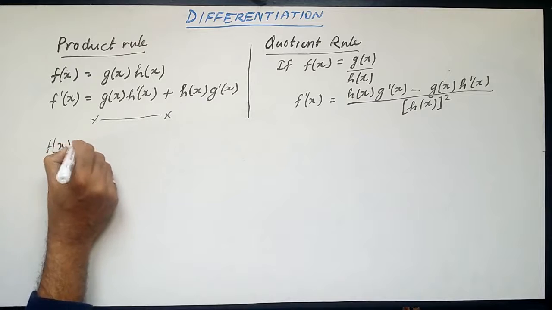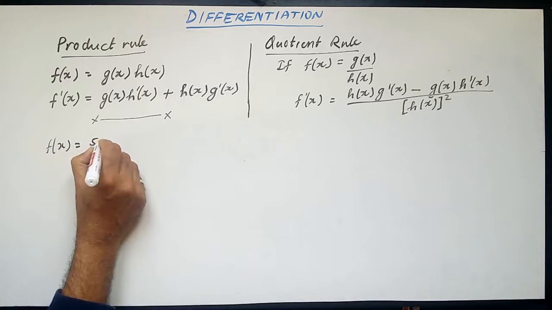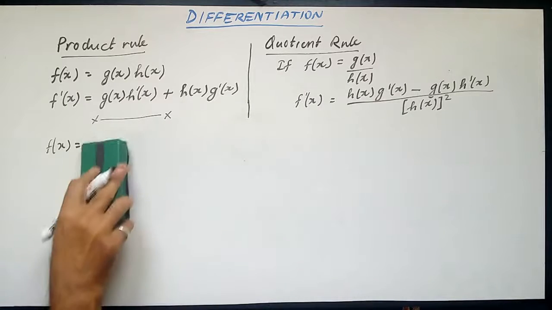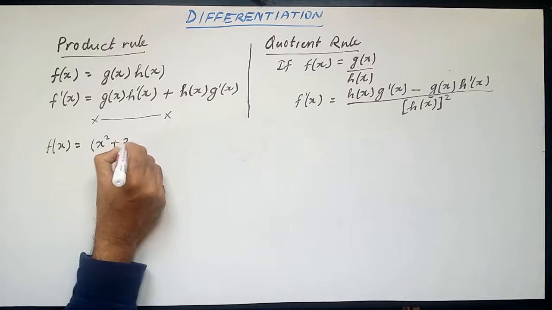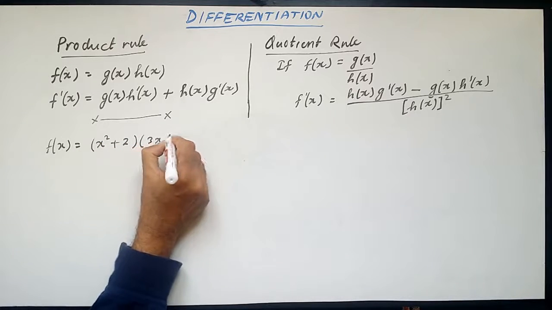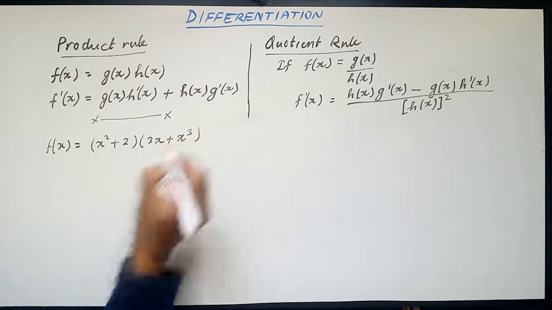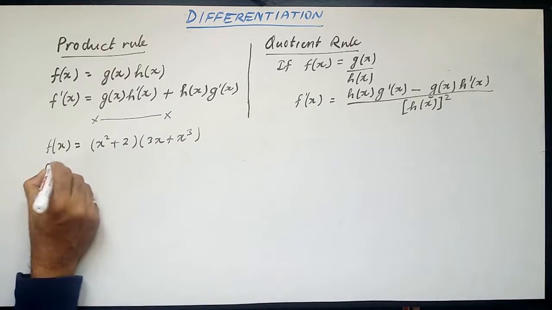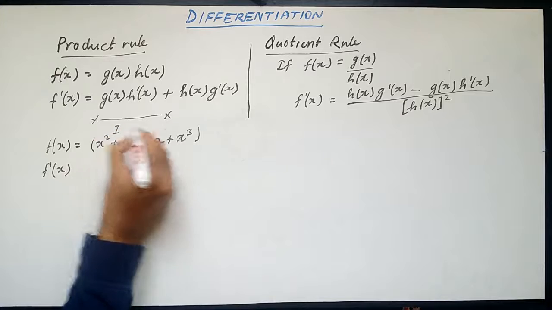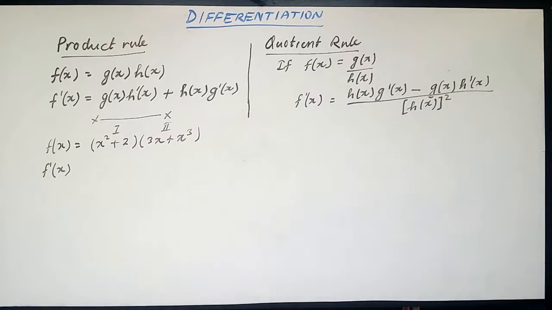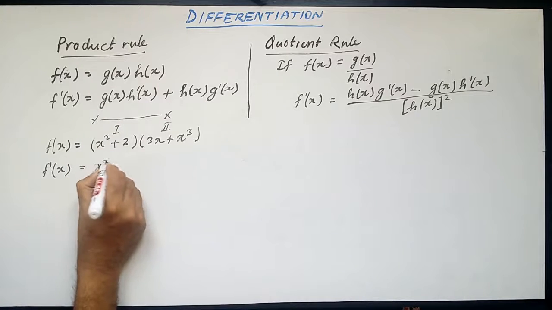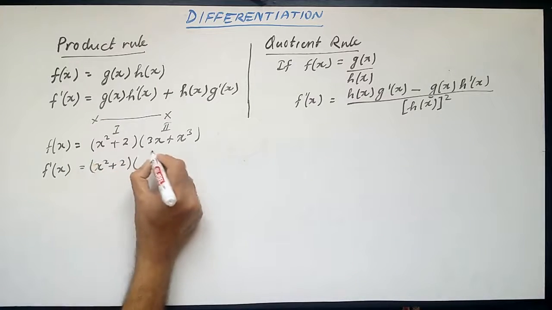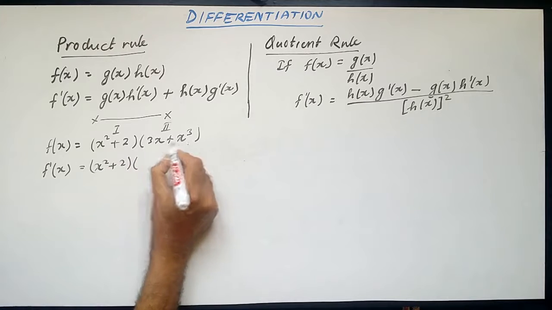Let's say f(x) is equal to (x squared plus 2) multiplied by (3x plus x cubed). So f'(x): this is the first function, this is the second function. We take the first function as it is, x squared plus 2, multiplied by the differentiation of the second function.